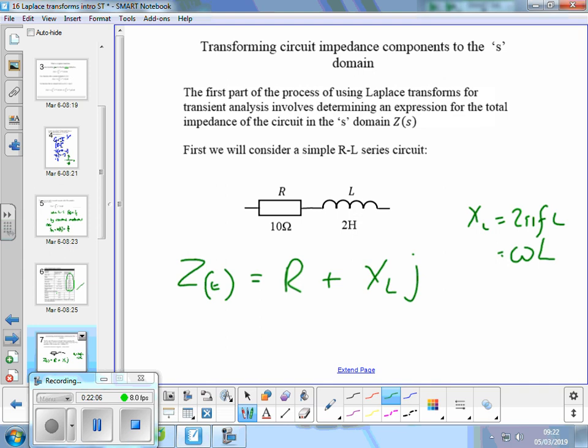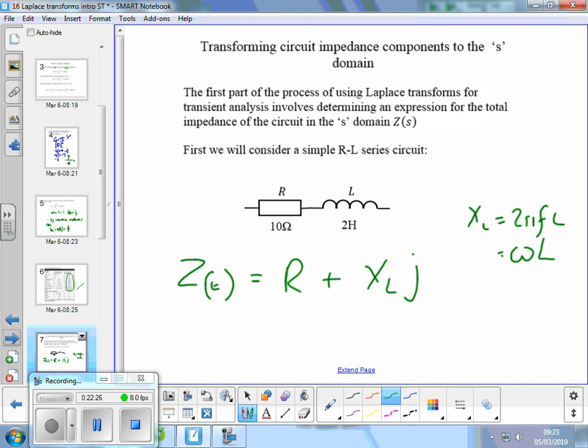And in this situation, we're in a calculus related environment. Our frequency will be in omega form and our calculators will be in radians. Alright?